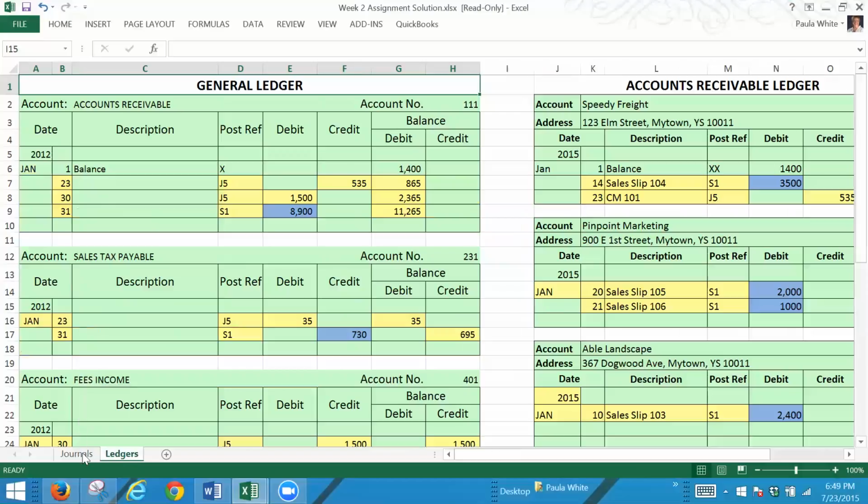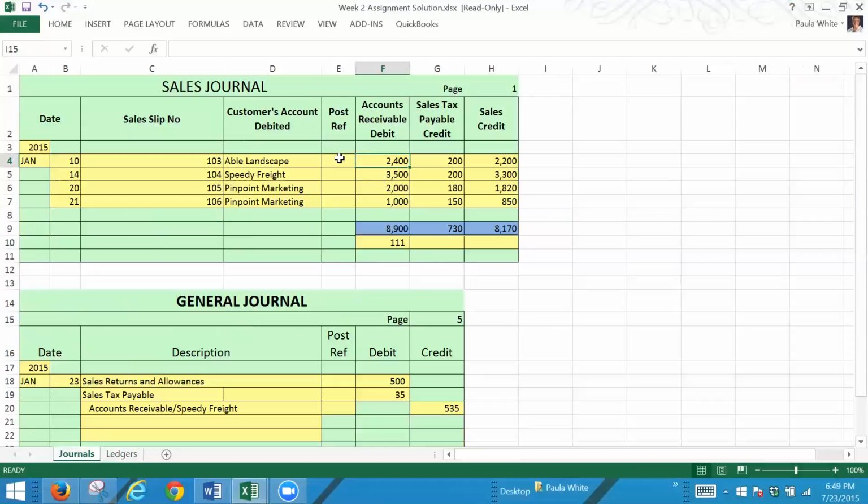So a lot of times people make a check mark here in this box right there, a check mark, to indicate that yes, we posted it to the accounts receivable subsidiary ledger. And sometimes people actually put 111 for the account number for accounts receivable with a slash, a diagonal with a check mark to say, yes, it went to account 111, and yes, I posted it to Able Landscapes actual subsidiary ledger account for accounts receivable.